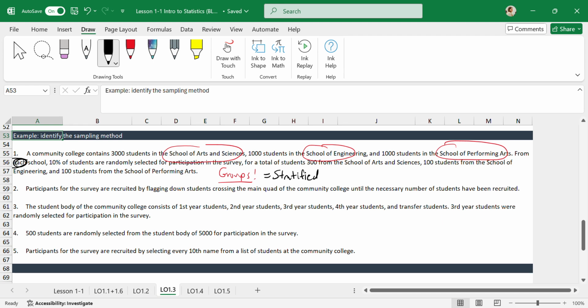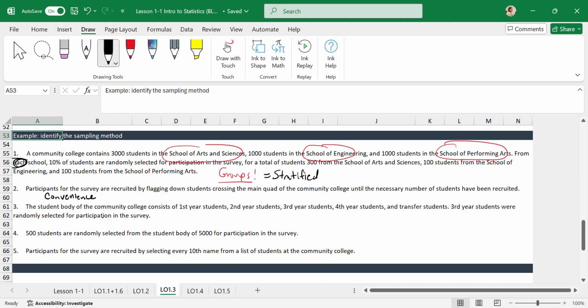This one doesn't specifically say like every third person or every 10th person. It says just walking up to random people in a way. So because this would be an easy method for you, but it doesn't necessarily involve randomization, that one would just be a convenience sample. What's easiest for the person, just flagging people down, but it's not random.